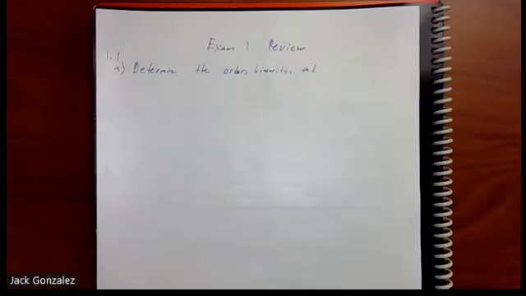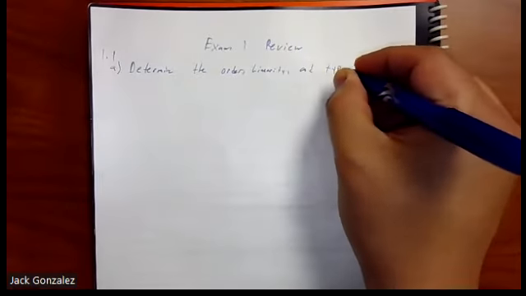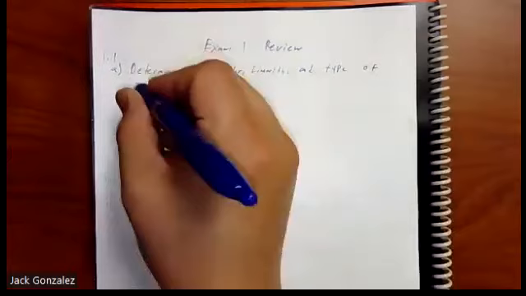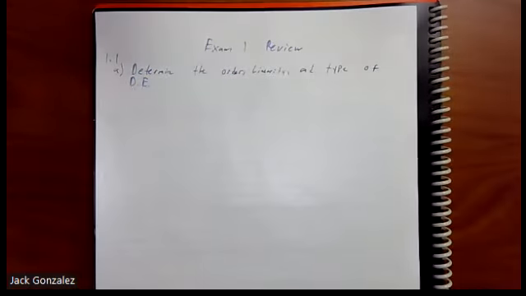Let me see. And type. Yeah, type of DE. So I'll just give you an equation and say, all right, what's the order? Is it linear? Yes or no? What type is it? Is it ordinary, partial, that type of stuff?